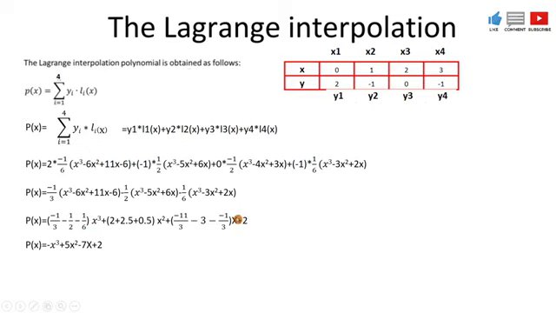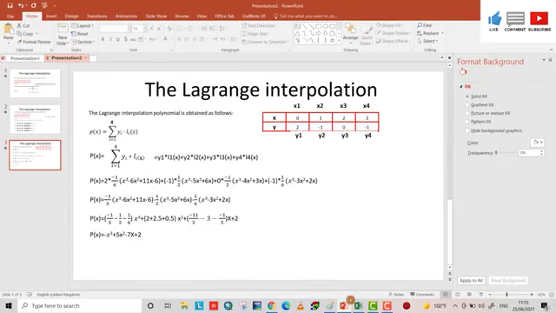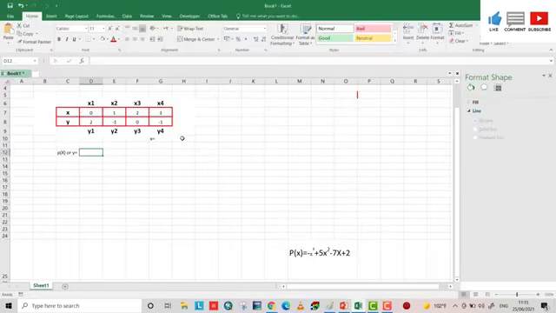Let us examine this solution by Excel. We get the same result. If these are the points, and this is the polynomial function or y, let us write the formula for this function we found. We put this cell as x.